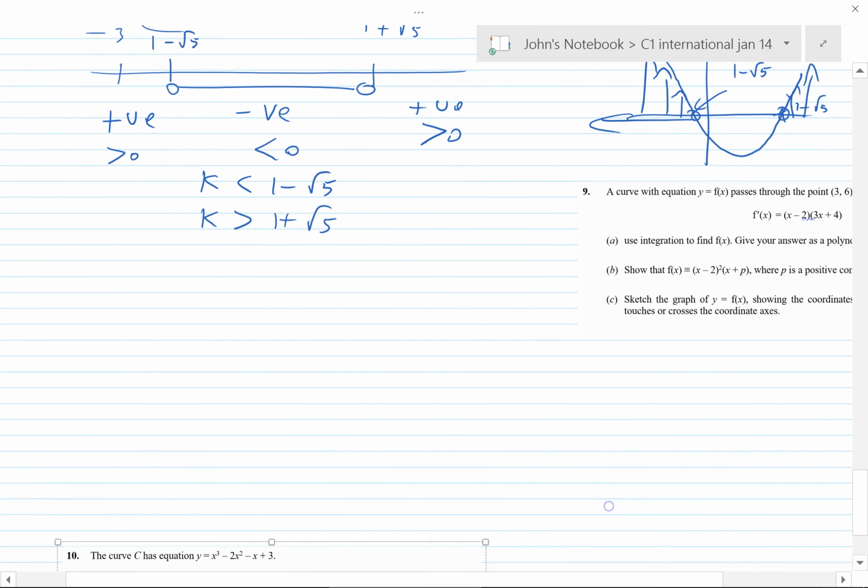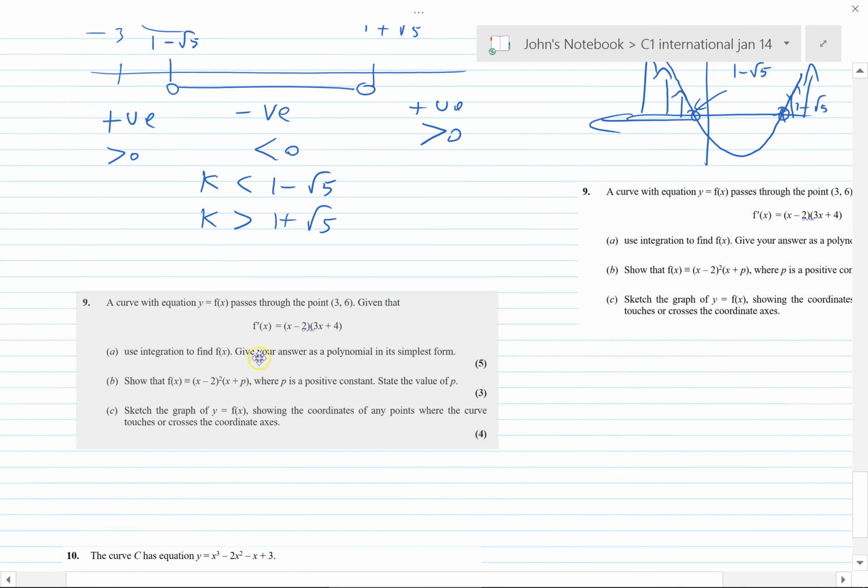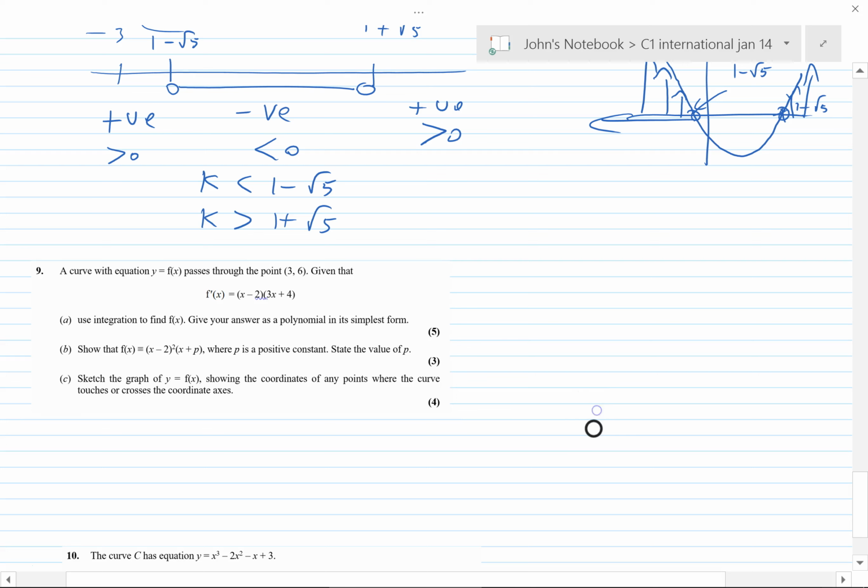Okay, let's get on to question 9. It's an integration question. So we've got f'(x) is equal to (x minus 2)(3x plus 4).